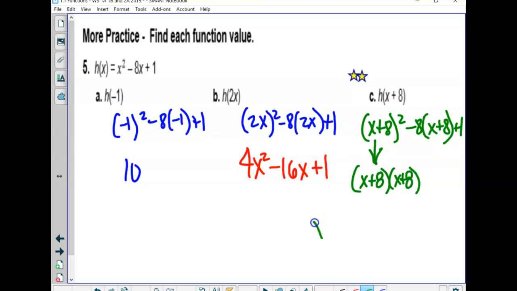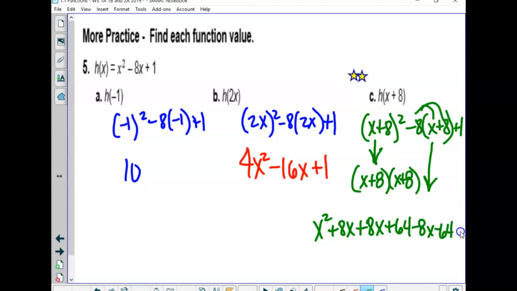That should give you an x squared plus what? An 8x and another 8x and a 64. Then when I distribute back here, I get a minus 8x minus 64, because I'm distributing a negative. And then there was that little plus 1 on the back.